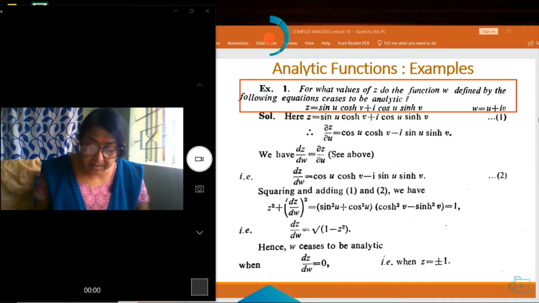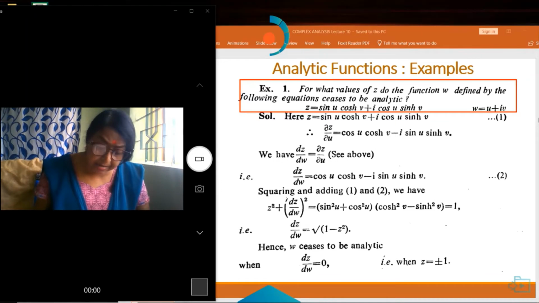After calculating it, squaring and adding 1 and 2, we see that dz/dw = root of (1 - z²). Here it is a function of z, not u and v.